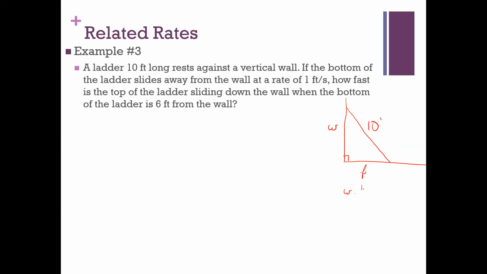W is the height of ladder up the wall. That's in feet. F is the length of ladder along the floor. Also feet.